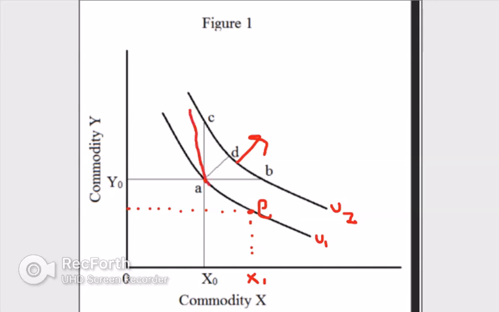So if we were to imagine we had another indifference curve that went through point A, and let's say this is of U1.5, because it's going to be less utility than U2 at all points.